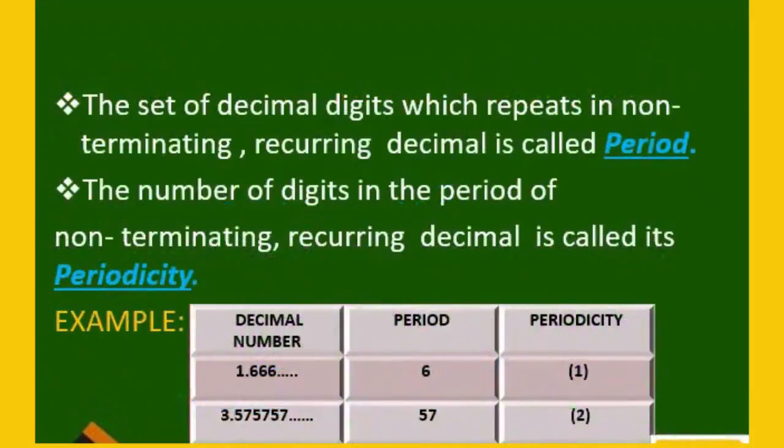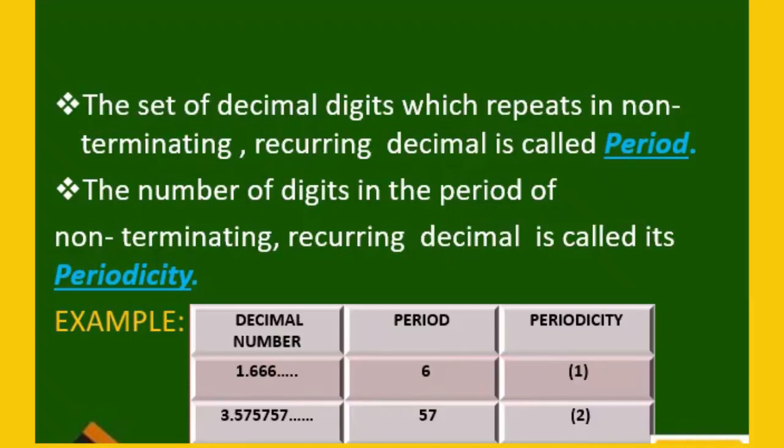Before we convert the non-terminating recurring decimals into P by Q form, let us learn about period and its periodicity. In a non-terminating recurring decimal, the set of digits which repeats is called the period. And the number of digits in the period is called its periodicity.